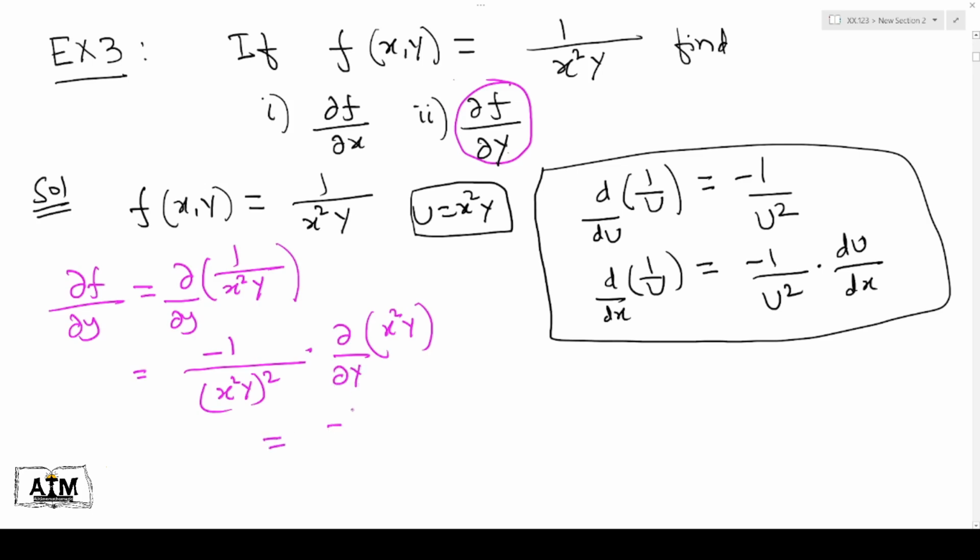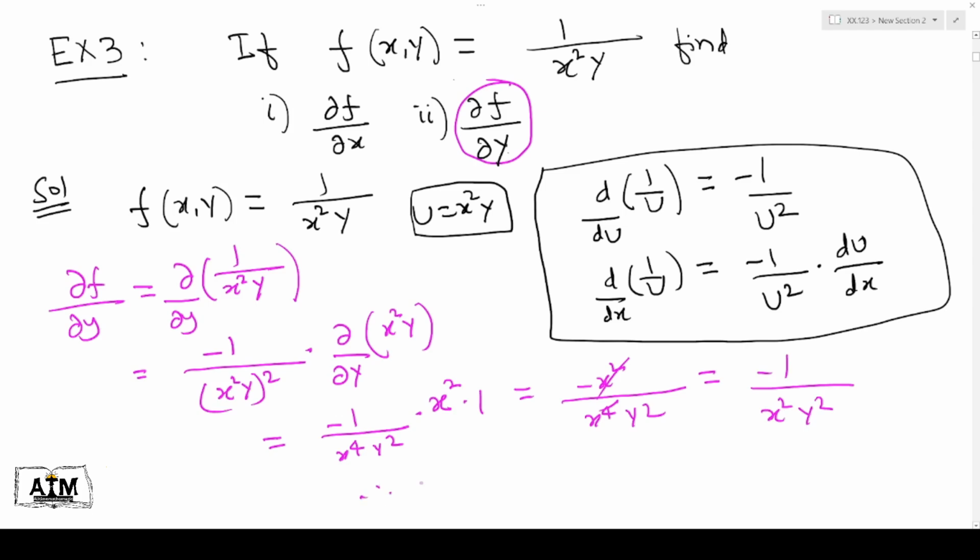This equals minus 1 upon x raised to 4 y square multiplied by x square, which being constant remains the same, and the derivative of y is 1. So this equals minus x square divided by x raised to 4 y square. X square gets cancelled, so minus 1 upon x square y square. Therefore, dou f by dou y equals minus 1 upon x square y square.